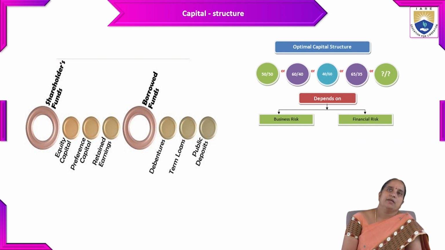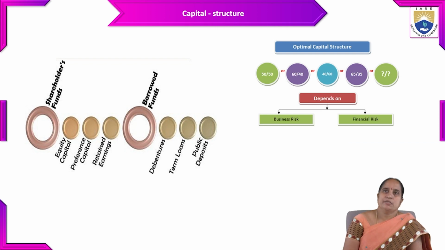Then, capital structure is the combination, the mix of debt and equity. What is the proportionate ratio of debt and what is the proportionate ratio of equity? Based on that, we decide the optimal capital structure.